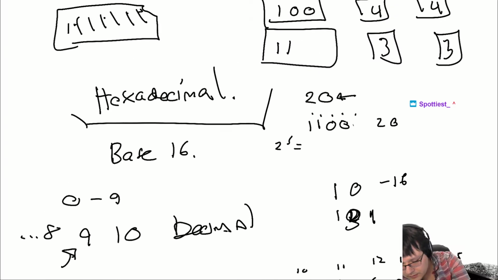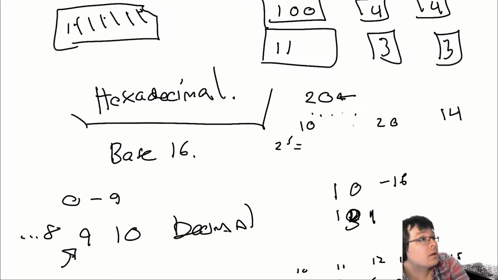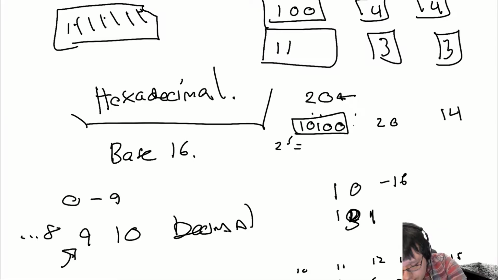So 1, 4. Did you guys find out? 1, 0, 1, 0, 0. Thank you. Okay, cool. So that is what 20 would be in binary.